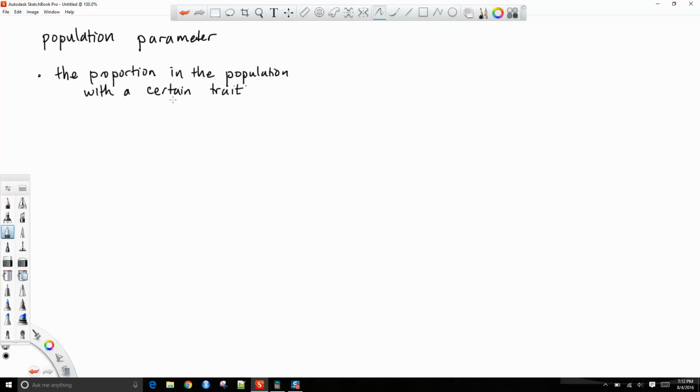Okay, and the symbol there would be P. Okay, and we would just call this the population proportion. In this case, the P represents population proportion. We use the letter P a lot in the course, and it takes on different meanings depending on the situation.